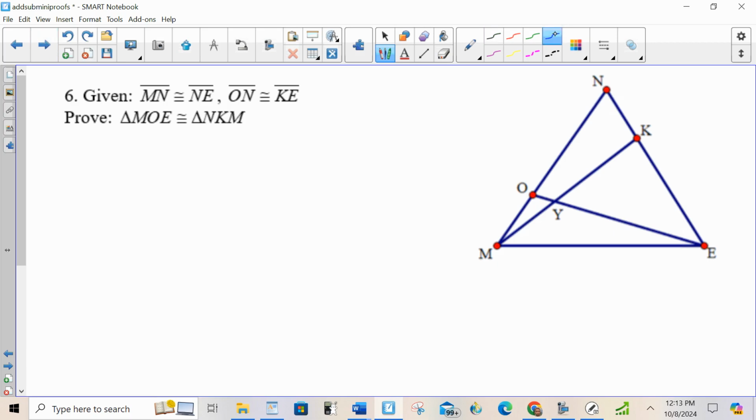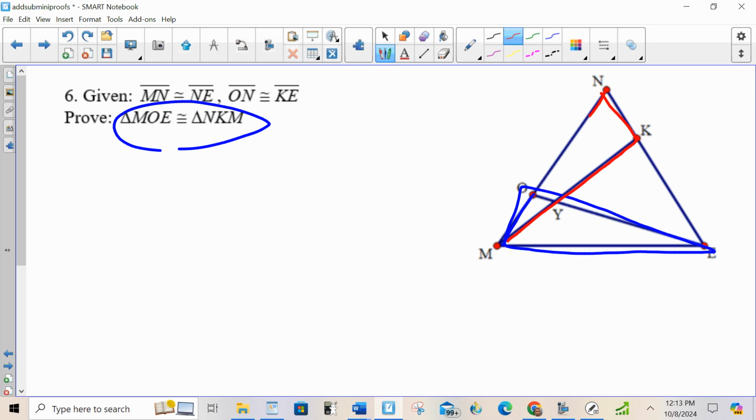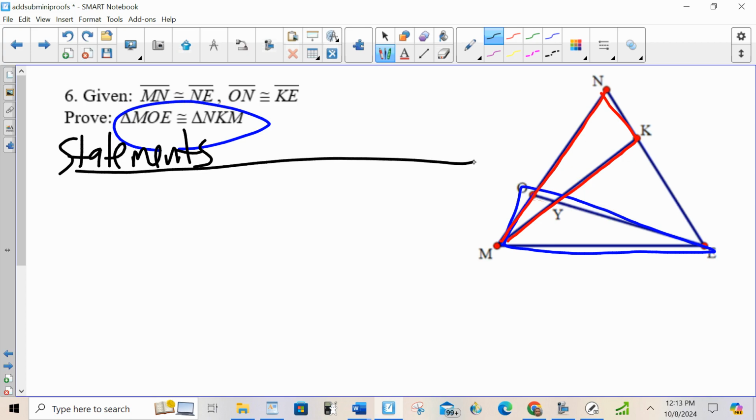Ultimately, I want to prove triangle MOE, the blue, is congruent to NKM, the red. Statements, reasons.